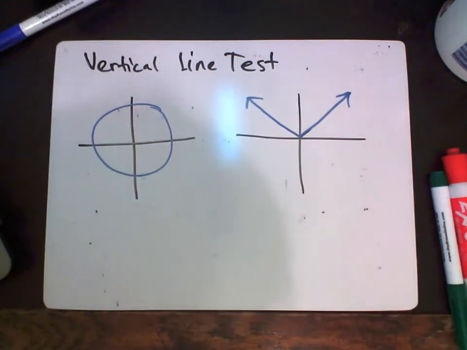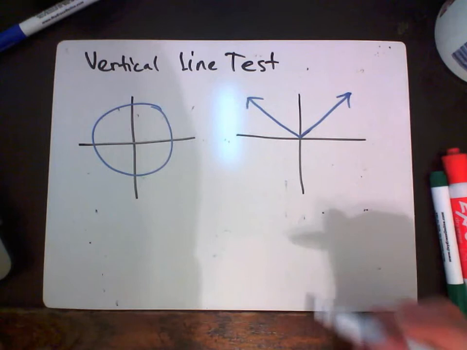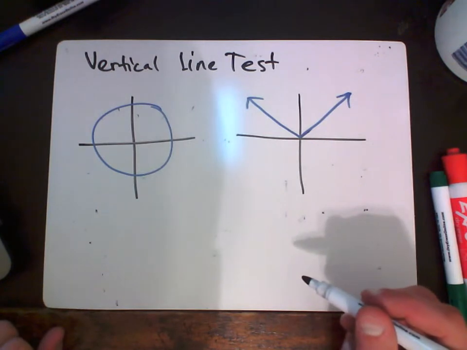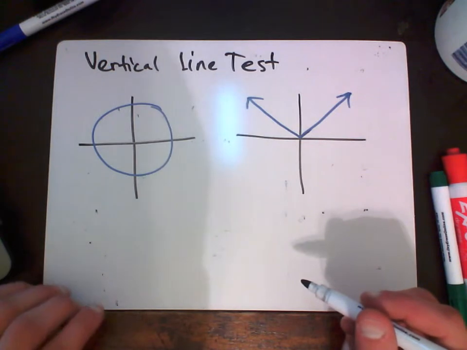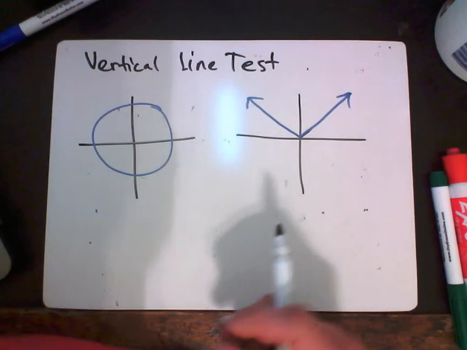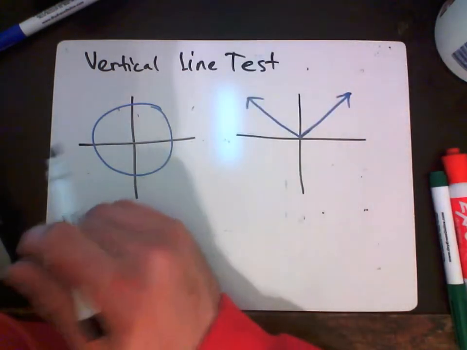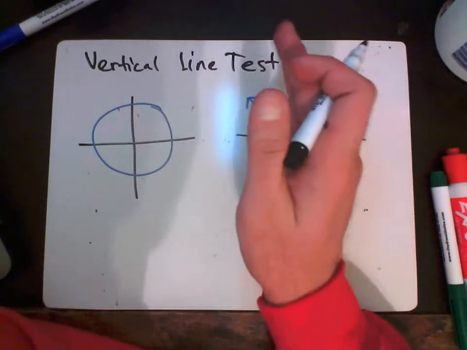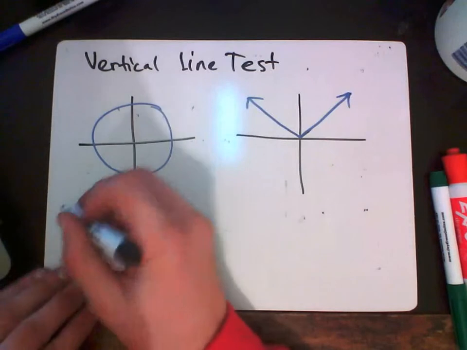What my vertical line test tells me is that if my vertical lines intersect the graph at more than one point, then it's not a function. Do my vertical lines intersect the graph at more than one point? If they intersect the graph at more than 1 point, then it's not a function.